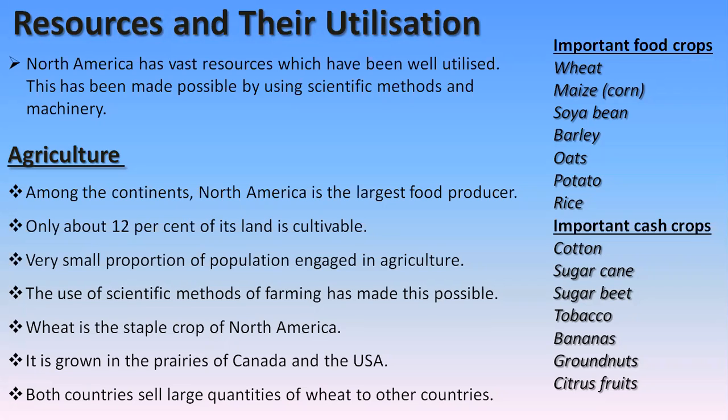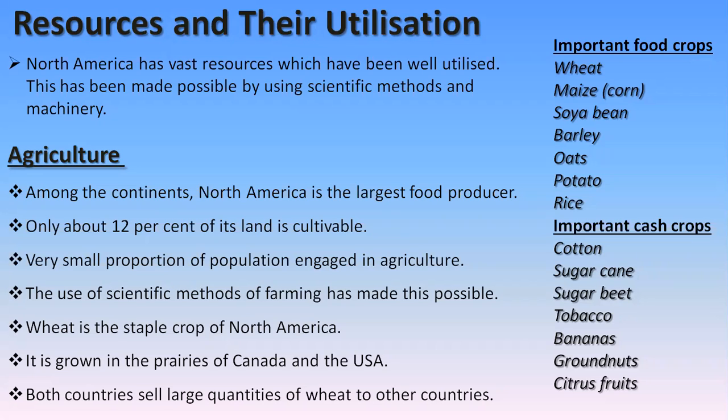Why is it so? Even though Asia is the largest continent, North America got the first position in food production. Why is it, how did they make it possible? Because of their scientific methods and their use of machineries.